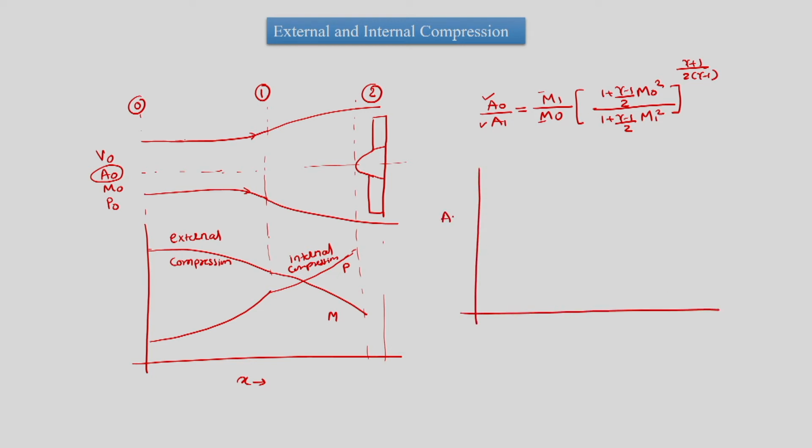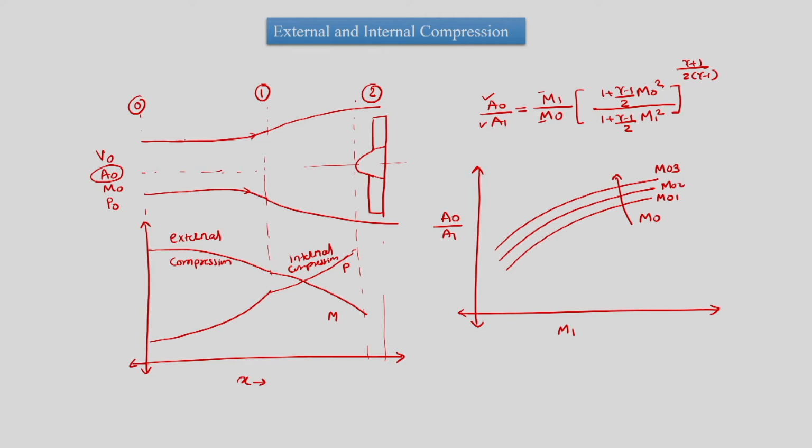where we have A naught upon A1 and M1 on the x axis, this graph would look like this, where we have increasing M naught in this direction, where M naught 1, M naught 2, M naught 3 will take place.